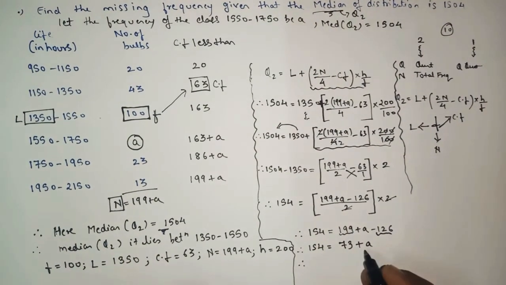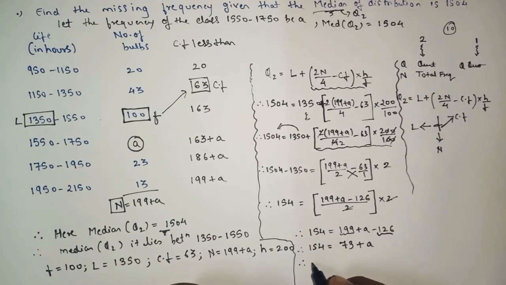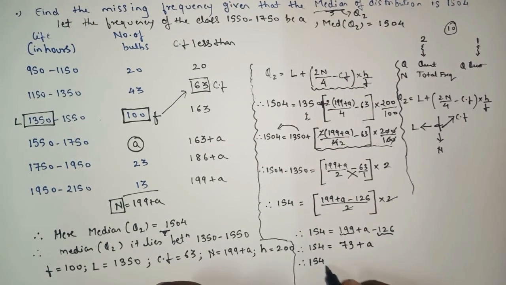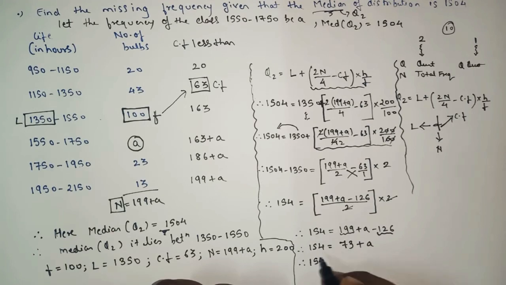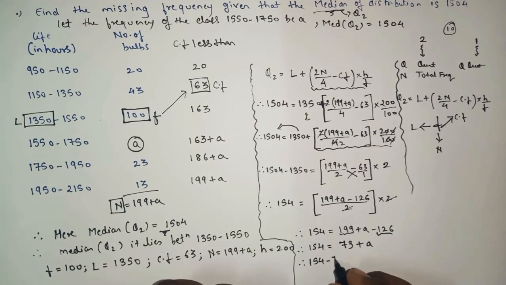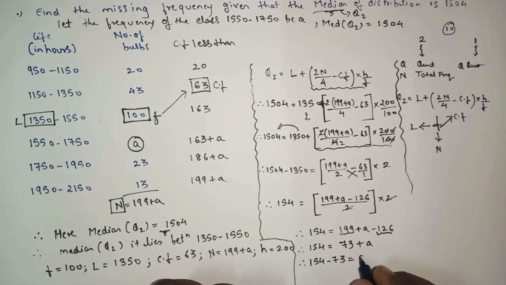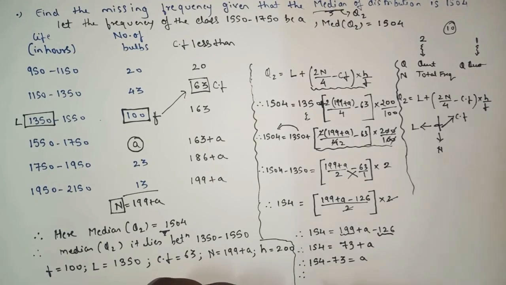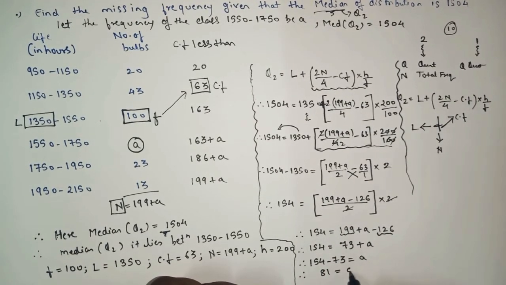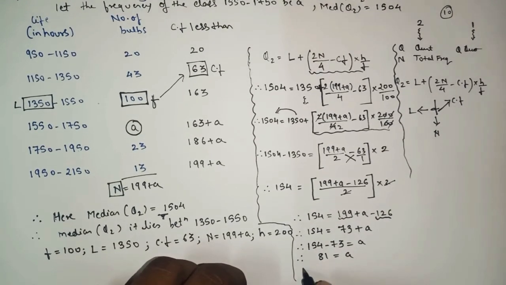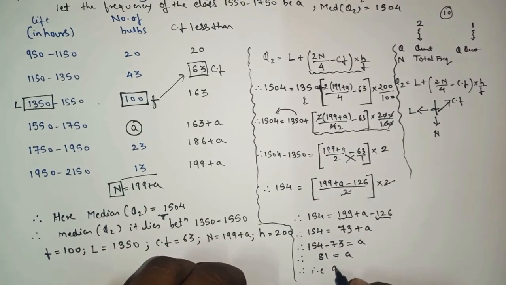So here we have one alphabet, so we can shift the number to one side. So 73 will come on the left hand side as minus 73. So therefore 154 minus 73, you will get 81 equals A. So here we can say we got the value of A as 81.